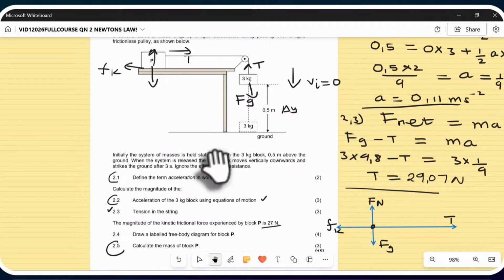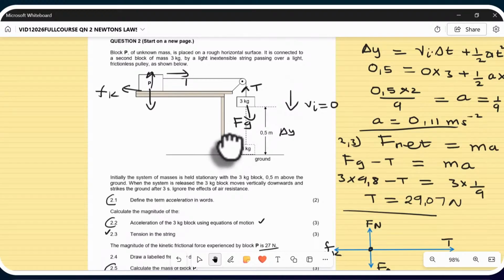But we know the acceleration and we're looking for the mass actually. So the tension which we got as 29,07, minus the frictional force given to us as 27, equals the mass we're looking for times the acceleration, which is 1/9, right, guys?